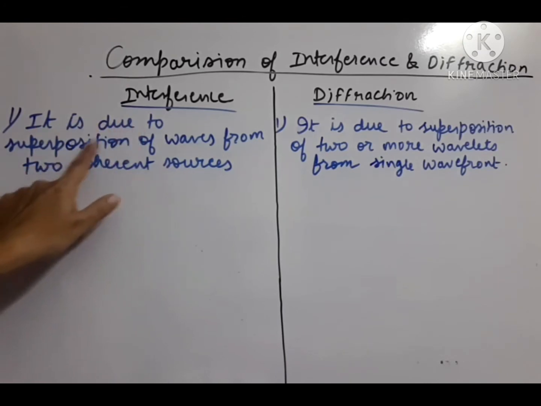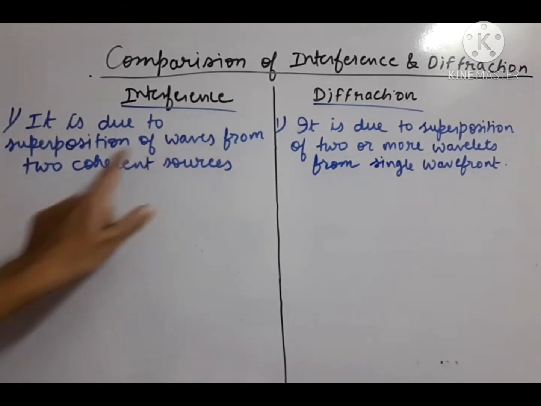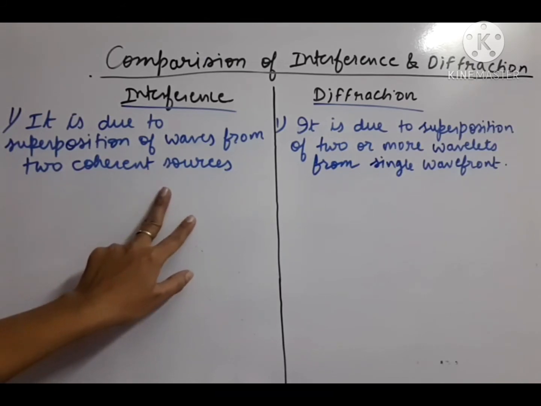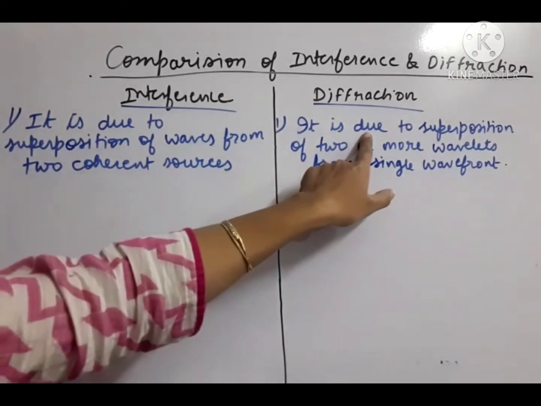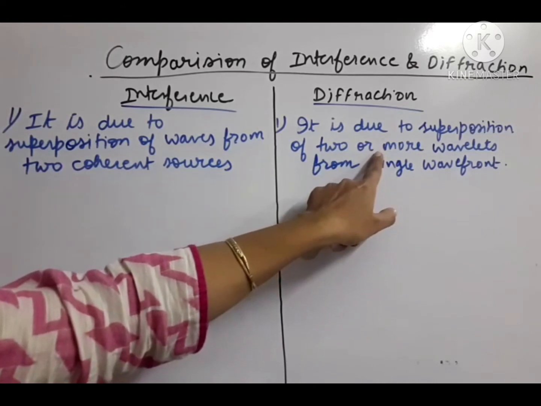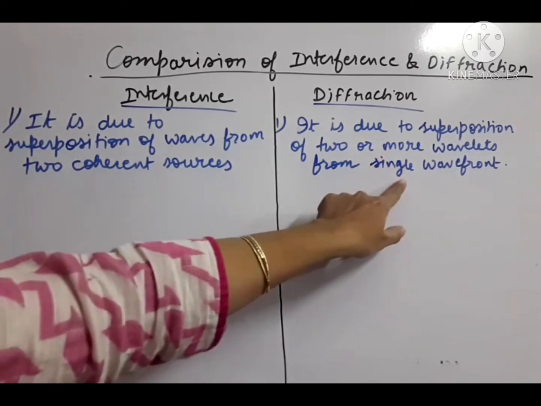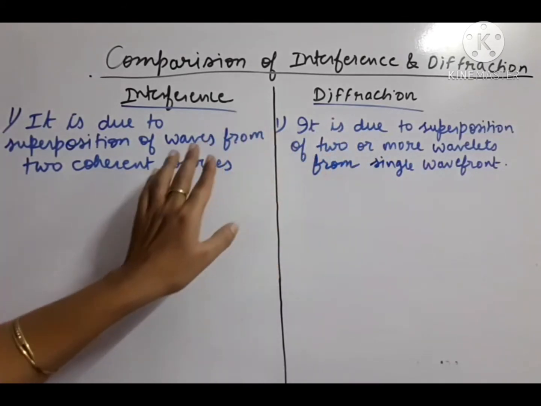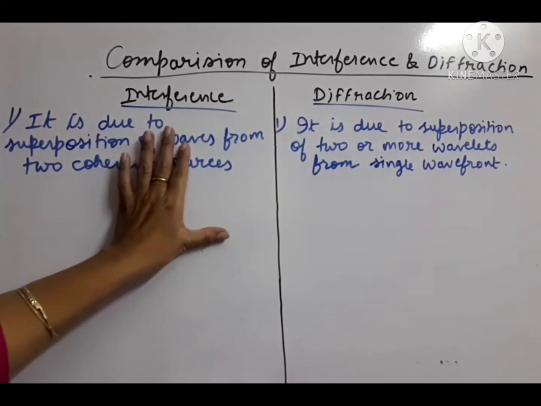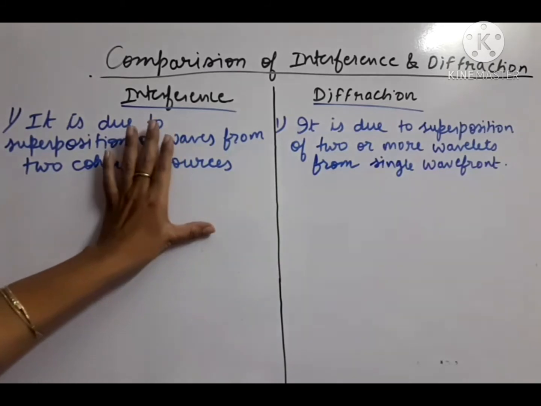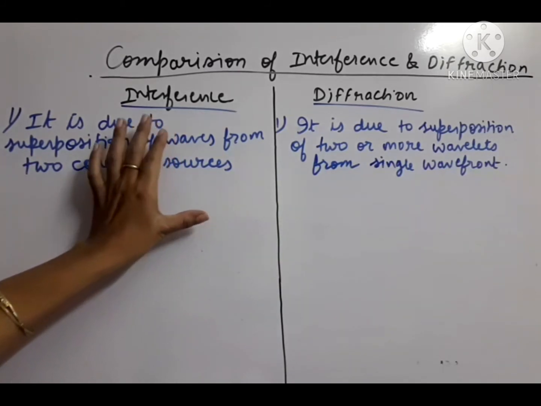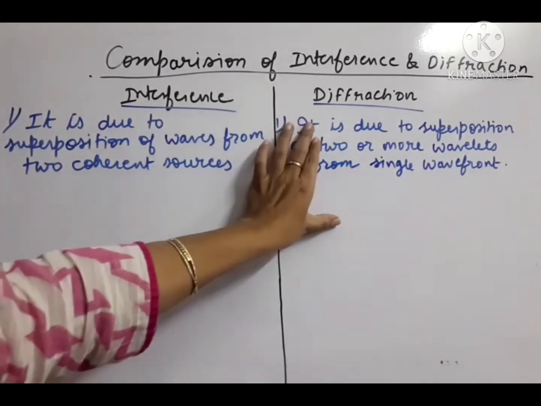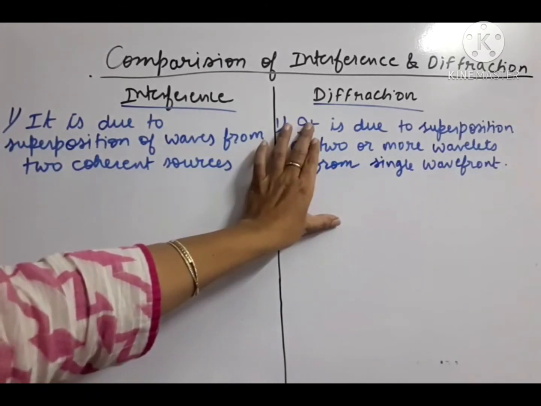Interference is due to the superposition of waves from 2 coherent sources. That's why we do the double slit experiment. Diffraction is due to the superposition of 2 or more wavelets from a single wavefront. That's why we take the single slit. Here 2 coherent sources are needed, not independent bulbs but coherent ones. And diffraction needs a single wavefront or single source.